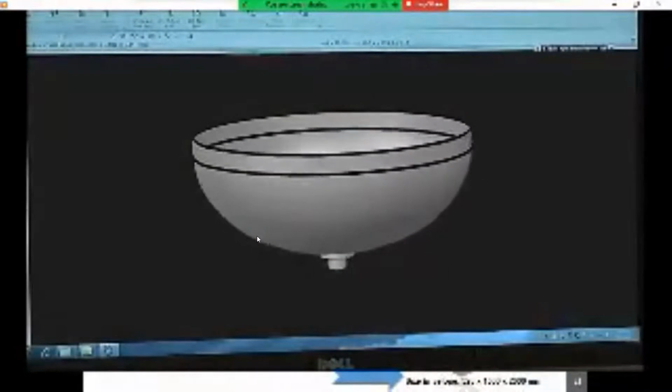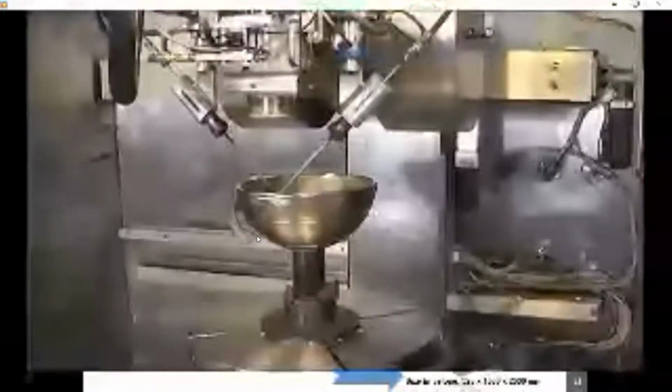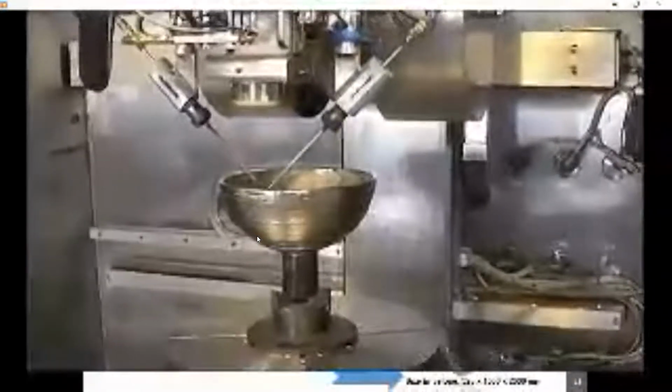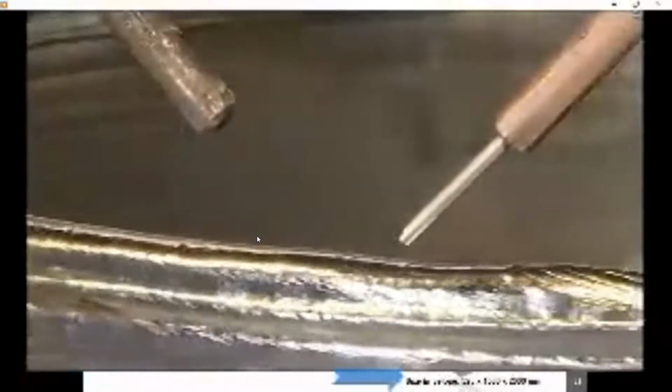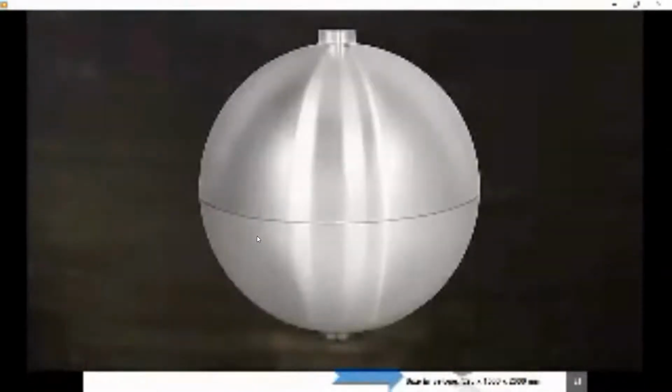How does the EBAM process work? Starting with a 3D model from a CAD program, Sciaky's fully articulated moving electron beam gun deposits metal from wire feedstock layer by layer until the part reaches near net shape and is ready for finish machining.